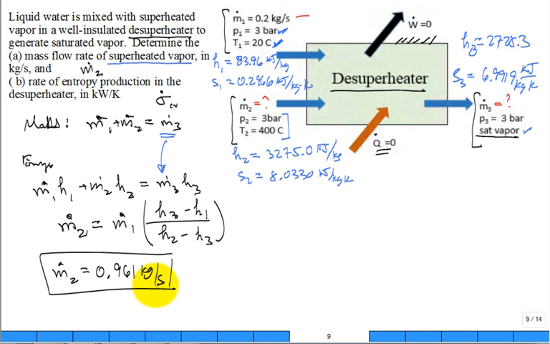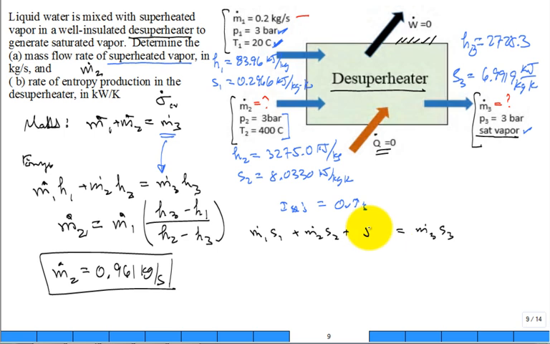Now, for part B, the rate of entropy production, you can write the second law where you have ins equal to the outs. What's flowing in equals what flows out. Maybe you write it like this. Mass flow rate 1, s1, plus mass flow rate 2, s2, plus mass flow rate 3, s3 is out.